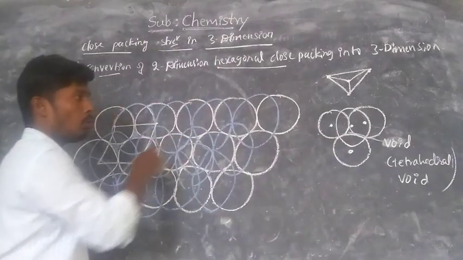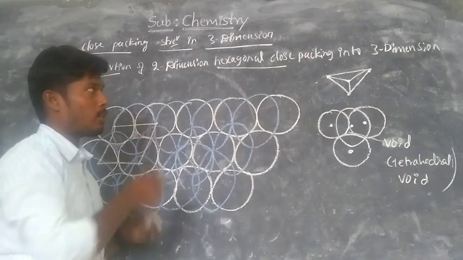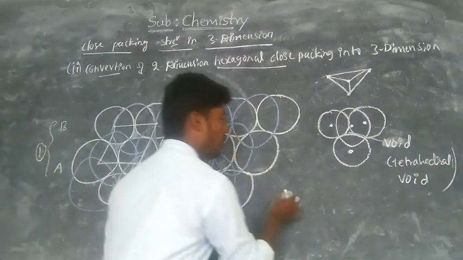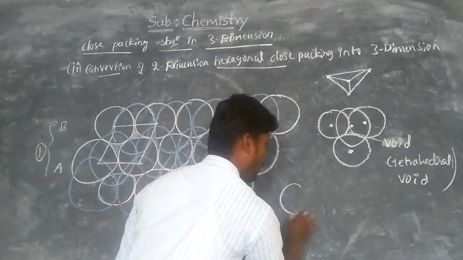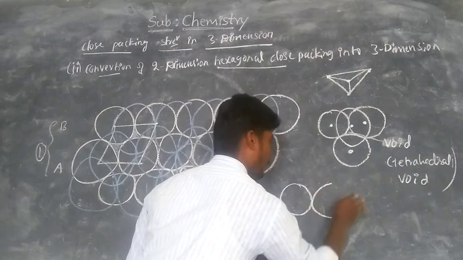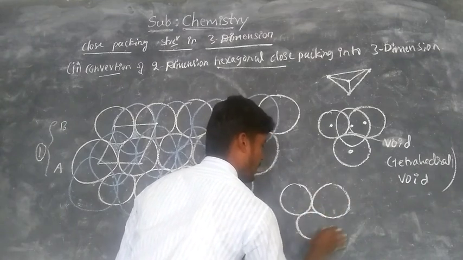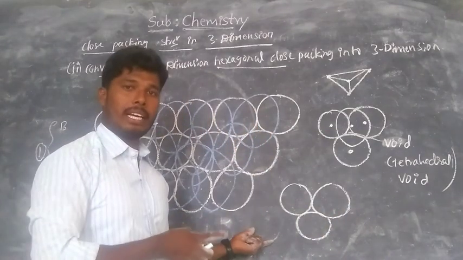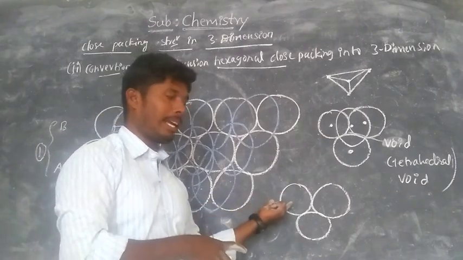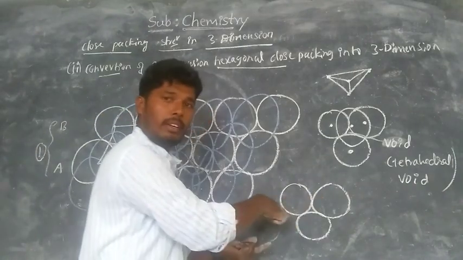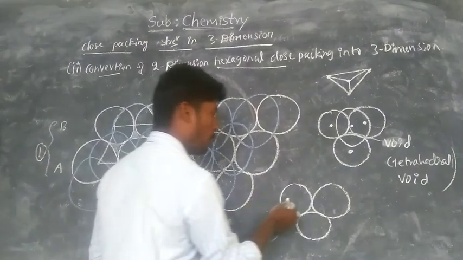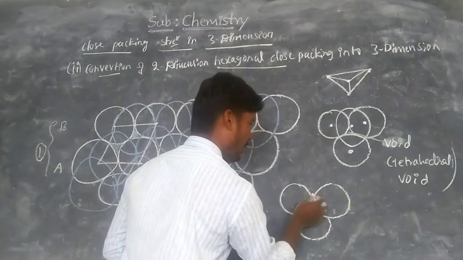Similarly, to know the octahedral void in three-dimensional closed packing, observe, this is the three-dimensional closed packing. 1, 2, 3 spheres, and this is layer 1. The second layer is exactly placed on the depression regions of the previous layer, this first layer. Now observe here, two layers.